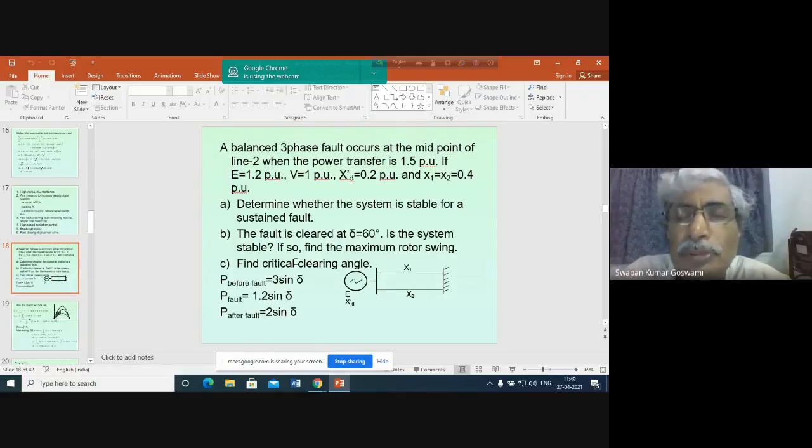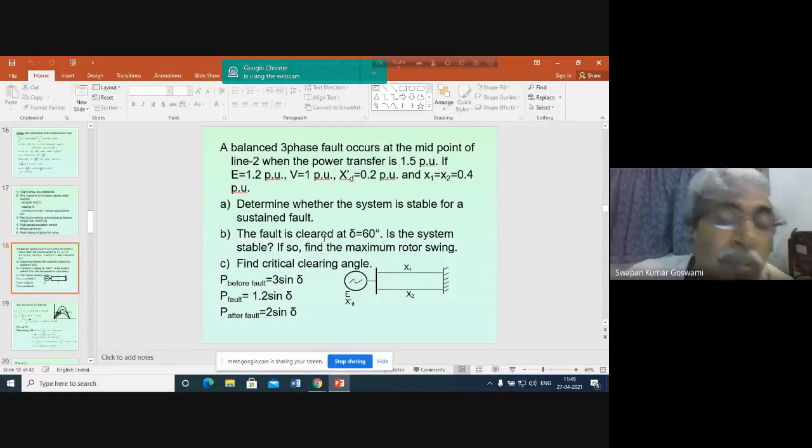That means system will be able to maintain synchronism if the fault is cleared here. Okay. So what is the limiting value of delta that will just retain the synchronism of the system? That angle you have to calculate. Okay. So this is a very informative but instructive problem. Let us follow this. Okay.